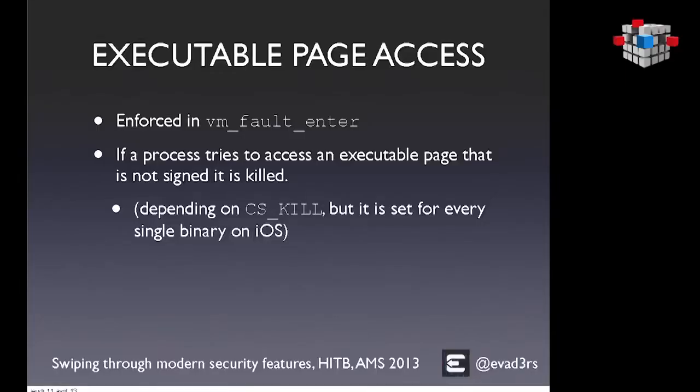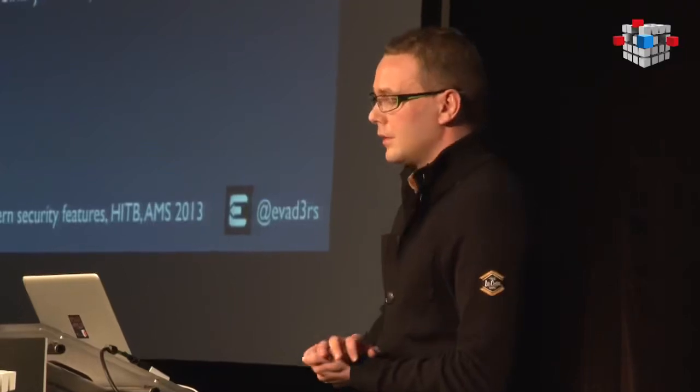And if a process tries to access an executable page that is not signed, it is killed. But it is killed depending on a property on the process, CS kill. And this property is added for every single binary on iOS because of a hook of a specific kernel extension, which is AMFI.